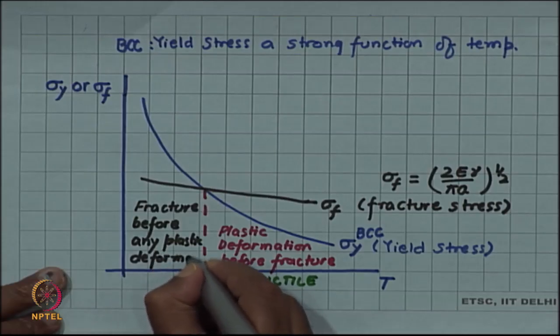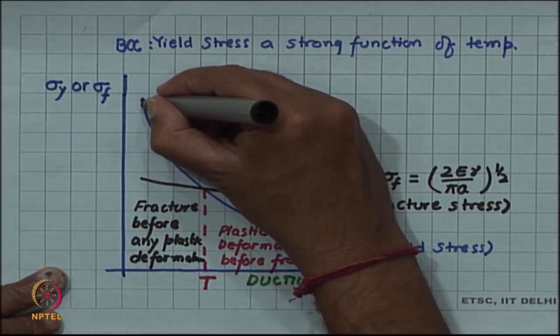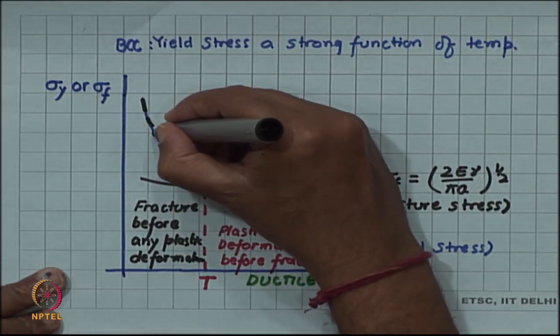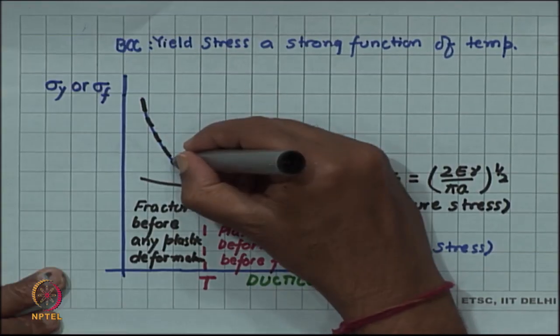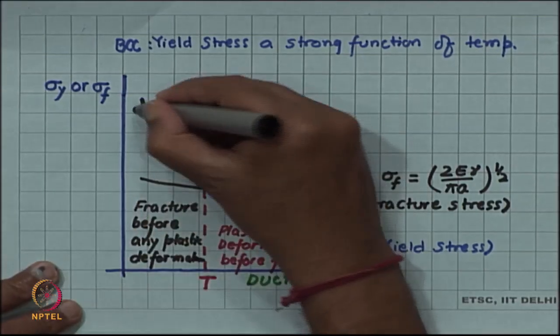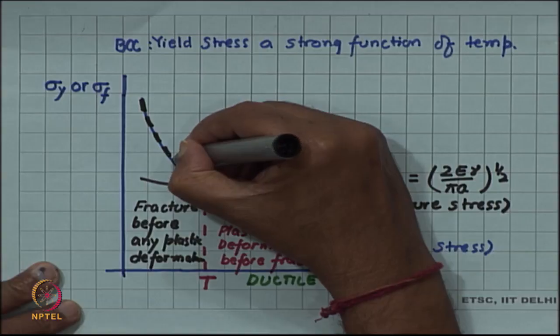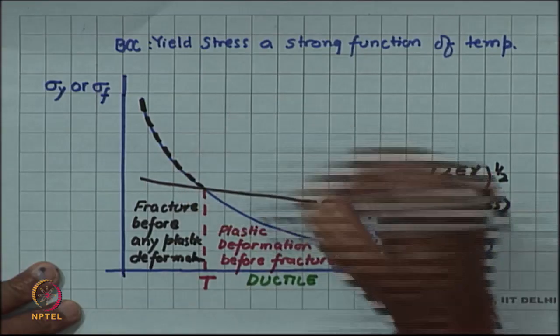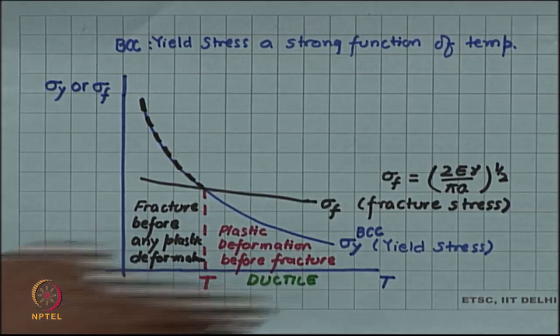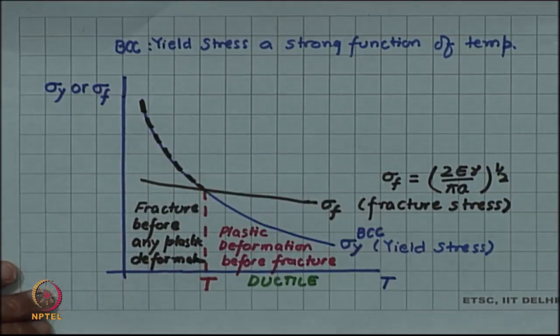Of course, if fracture is happening before plastic deformation, this part of the curve is not accessible experimentally. So, this is either theoretically estimated or just an extension of the curve below this temperature. That is why I am trying to make it dashed. So, this is not accessible.